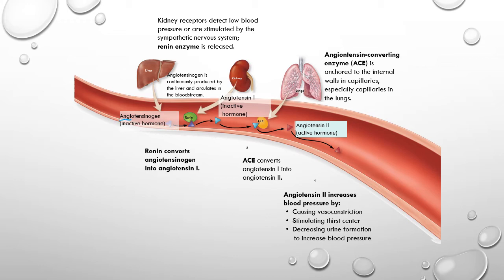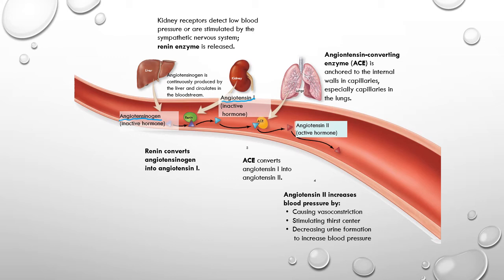This protein is angiotensinogen. And so angiotensinogen is a protein. It's a hormone, much like all of our other hormones. And this inactive angiotensinogen then gets converted into angiotensin 1. And so angiotensin 1 is also inactive. And so we're not at the end of the process itself.